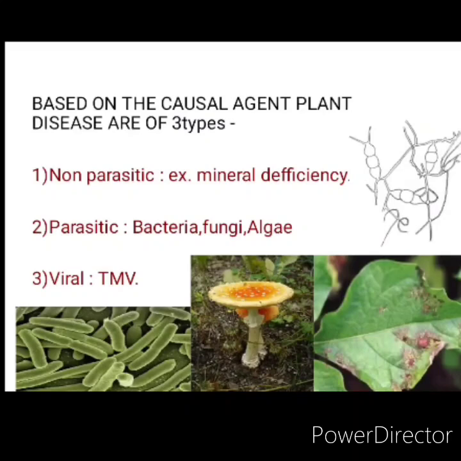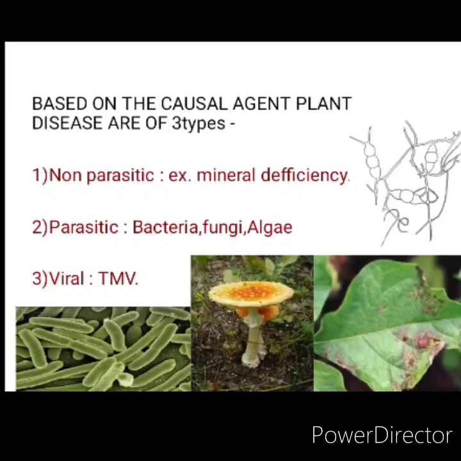The other one is the disease incited by the plant parasites, which again include the bacteria, fungi, and here we already know that all fungal classes are included in plant disease. So myxomycetes, oomycetes, ascomycetes, basidiomycetes and deuteromycetes fungi are involved in the plant parasitic diseases.